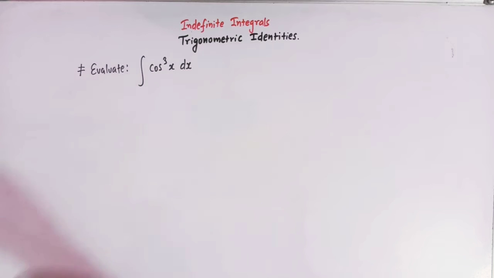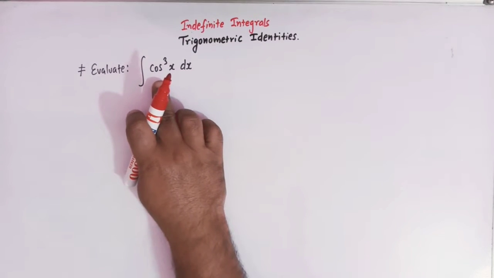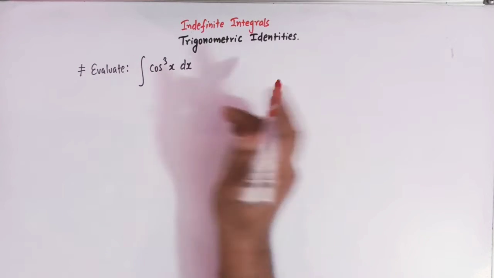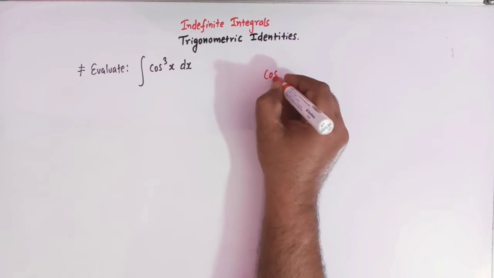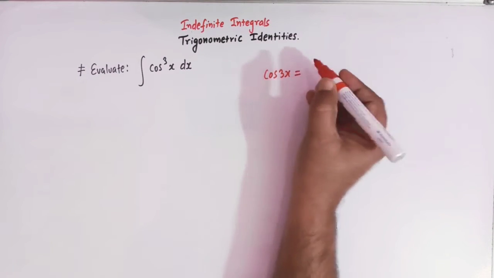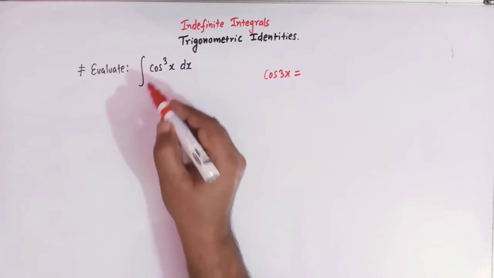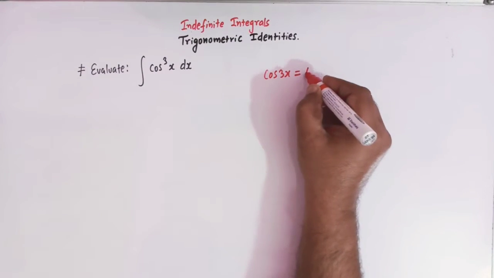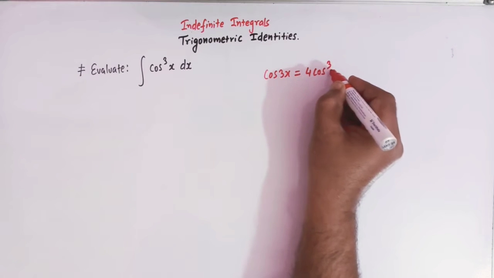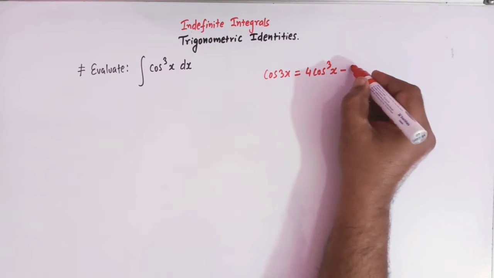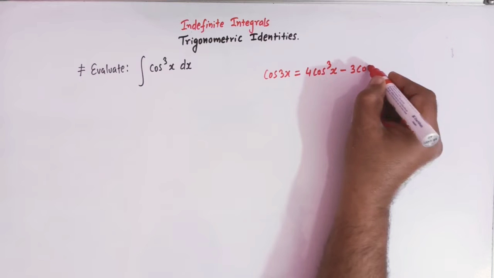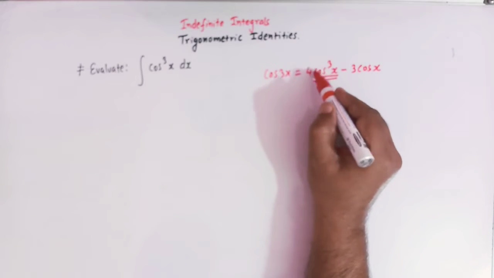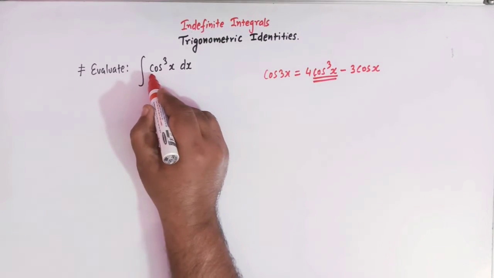So again we will make use of an important identity from trigonometry, the result for cos of 3x, in which cos cube x appears. So cos 3x can be written as 4 times cos cube x minus 3 times cos x.